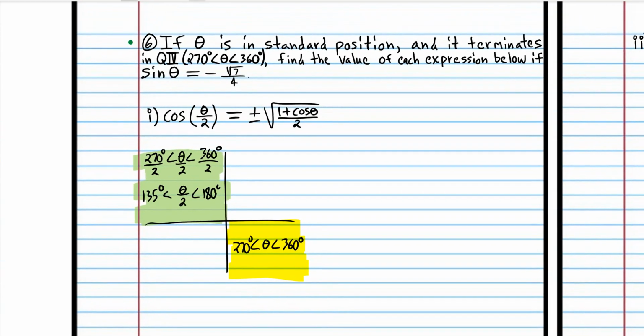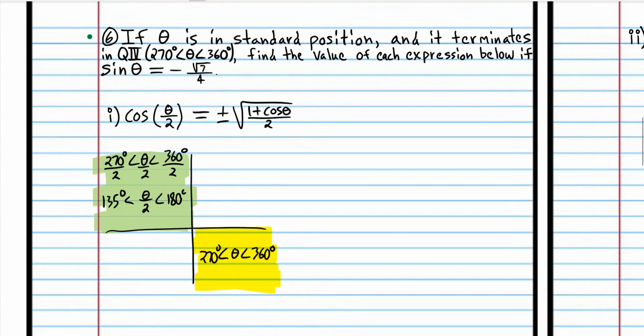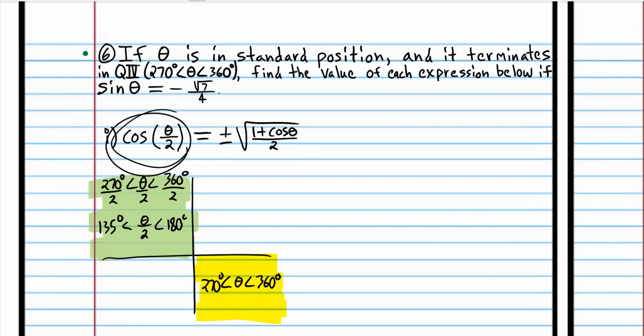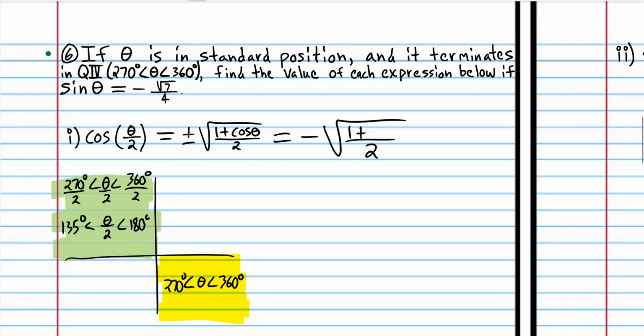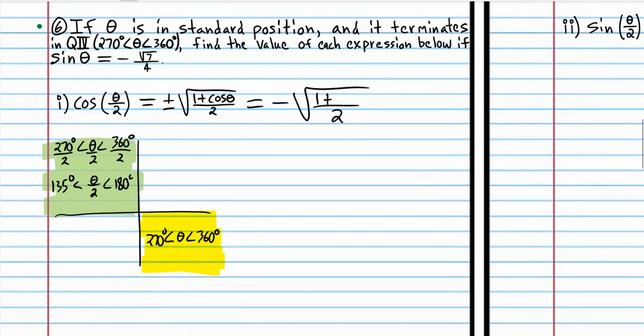So that means the cosine of theta over 2 is going to be negative, because cosine is always negative in the second quadrant. So we're going to write negative, and cosine theta, we actually don't know what that is. So now we have to take care of that problem.